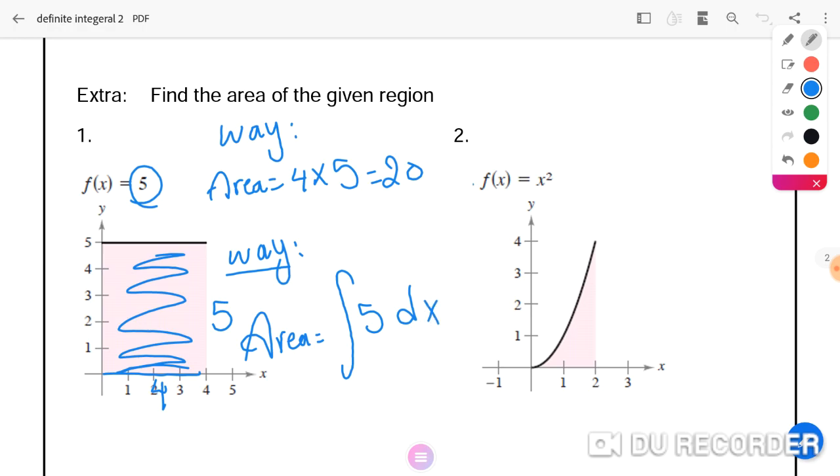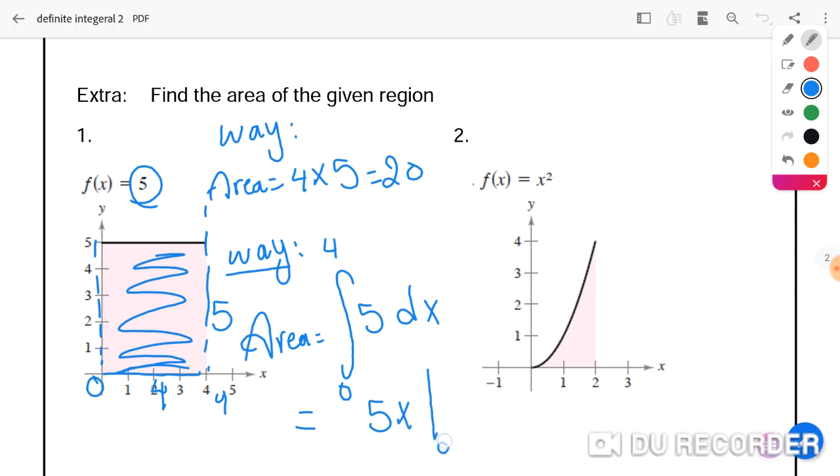We use the definite integral from the vertical line 0 to the vertical line 4. Then apply the fundamental theorem: find the integration of this function, which will be 5x.